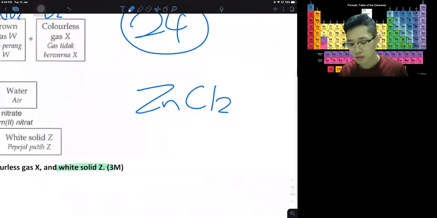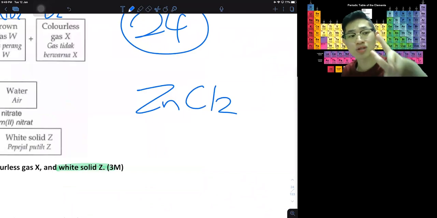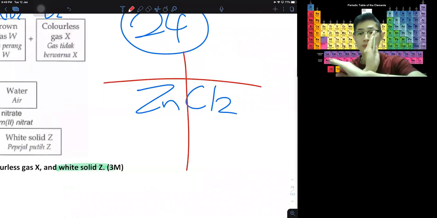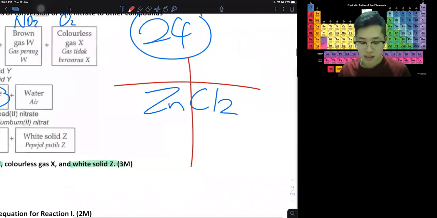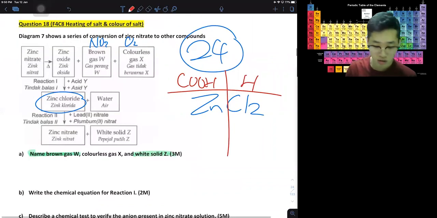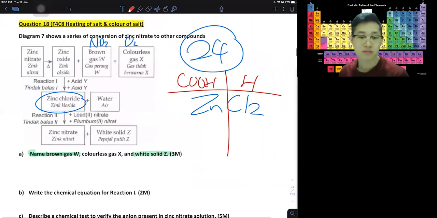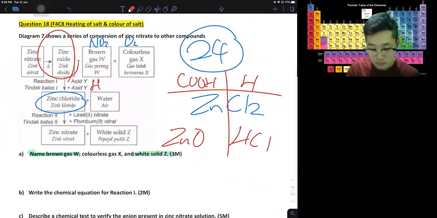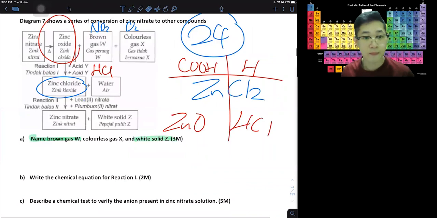So zinc chloride under method 2, soluble salt, cross. Zinc oxide is already there. What is the acid? HCl. Done. Zinc chloride plus water.